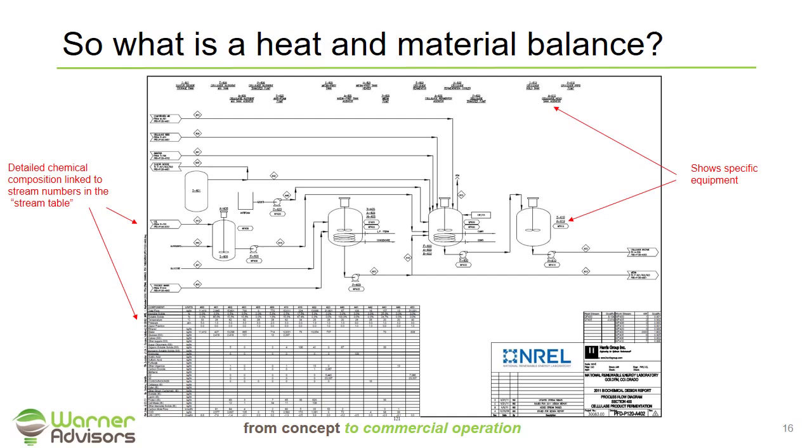Over on the right, you'll see that for each key piece of equipment, there's corresponding information which talks about its size and specification, things you would talk to vendors about for what's needed for that specific piece of equipment. So what I'm going to do is drill down in this red block area to show you a zoom in of what that equipment information is going to look like.